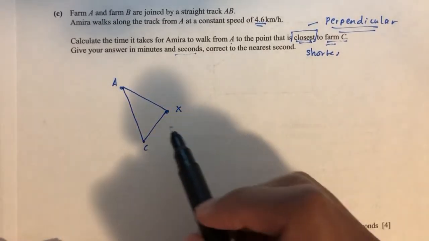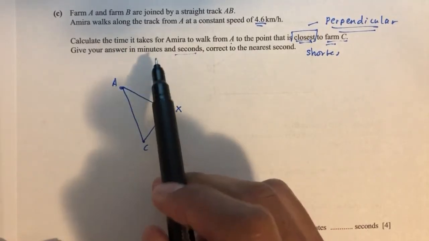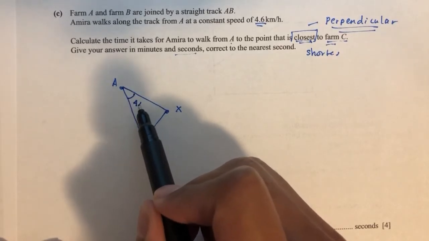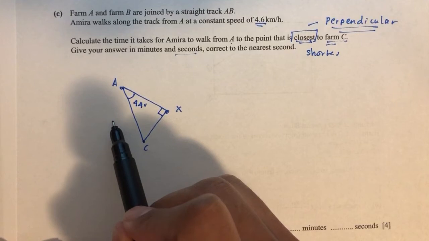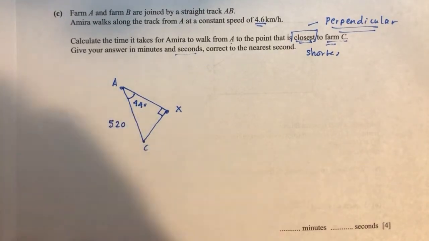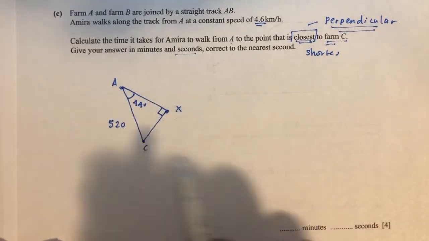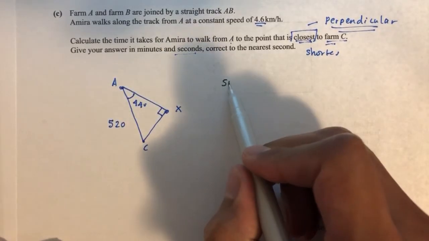We need to find this distance so we can find the time it takes. This is angle A, which is 44 degrees, and this is 90 degrees, and this is given to us as 520. We need to find the length of AX. It is a right angle triangle, so we can use SOHCAHTOA.